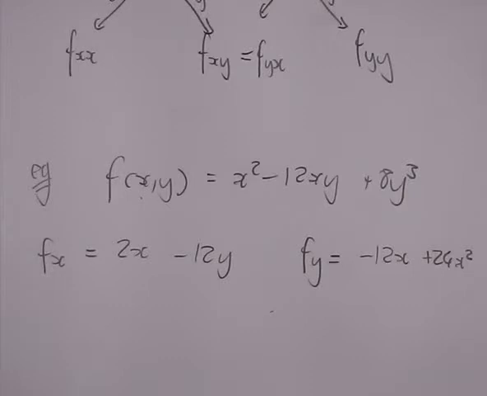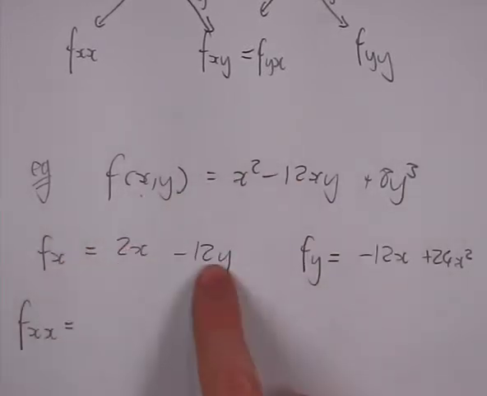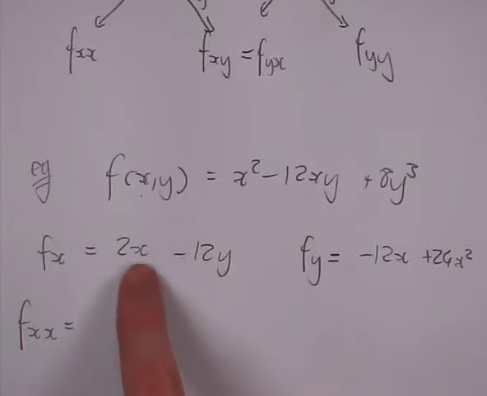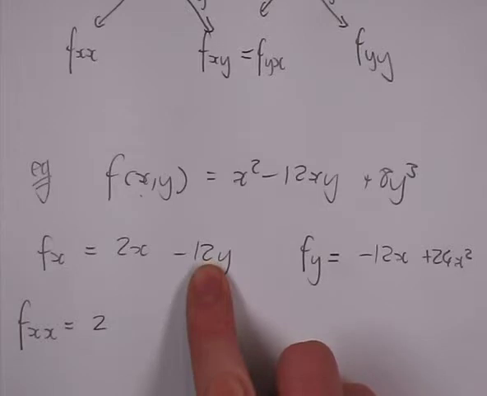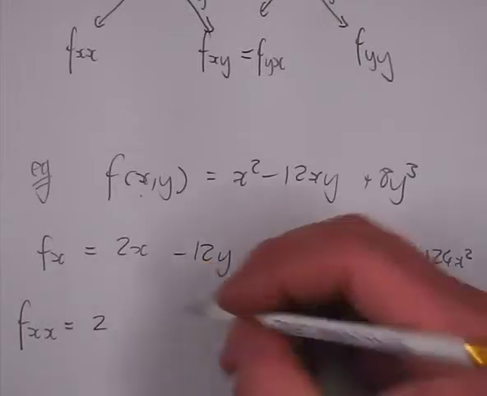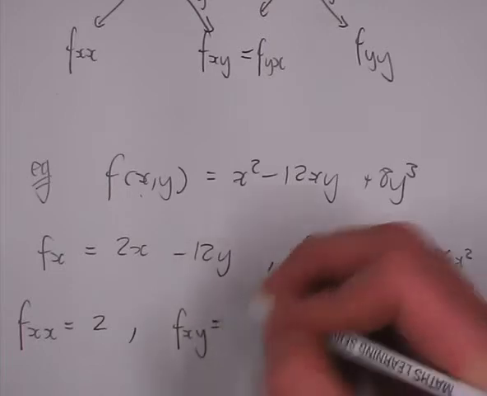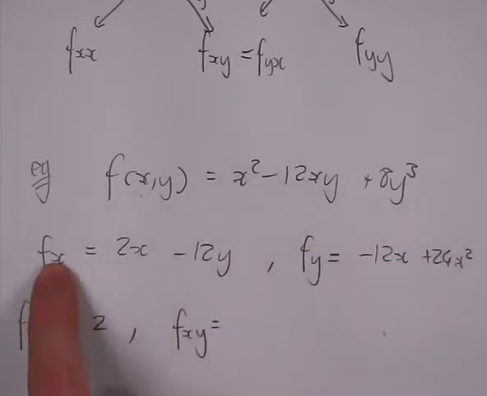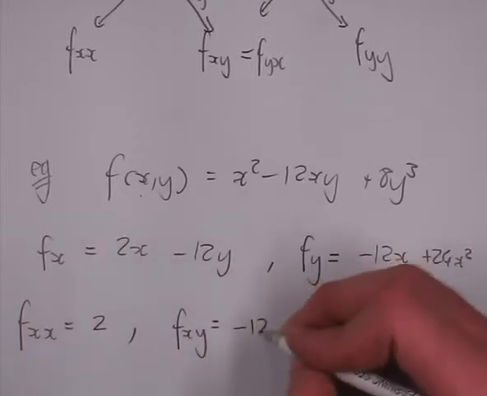So, to do fxx, I differentiate this one again with respect to x. The derivative of this with respect to x is 2, and the derivative of this with respect to x is 0. To get fxy, I differentiate this with respect to y, and that doesn't involve y, so it disappears, and that will be minus 12.